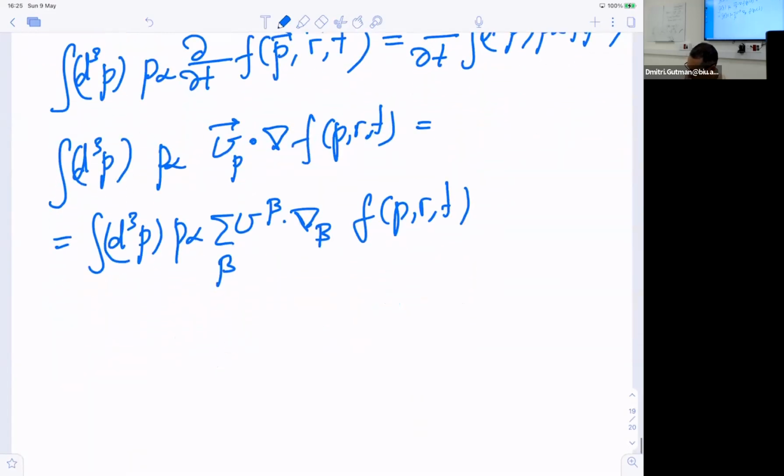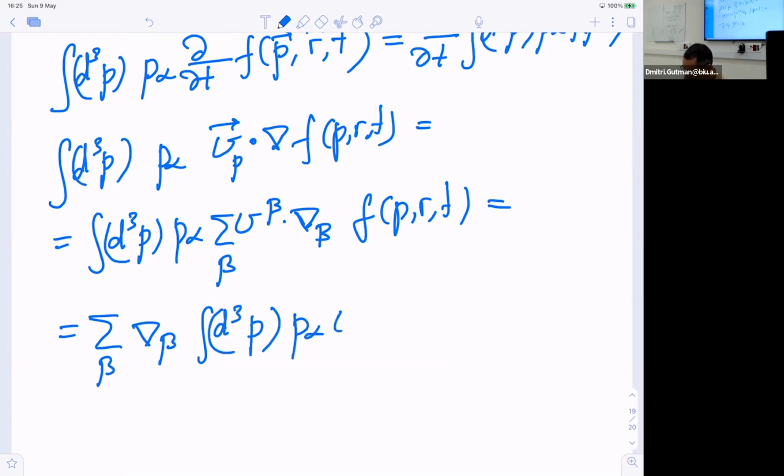But now I can say for each and every component, I'm taking this. So the sum over beta, gradient beta, integral d3p, p alpha, V beta. Don't pay attention to lower and upper indexes; I'm not concerned about them right now.